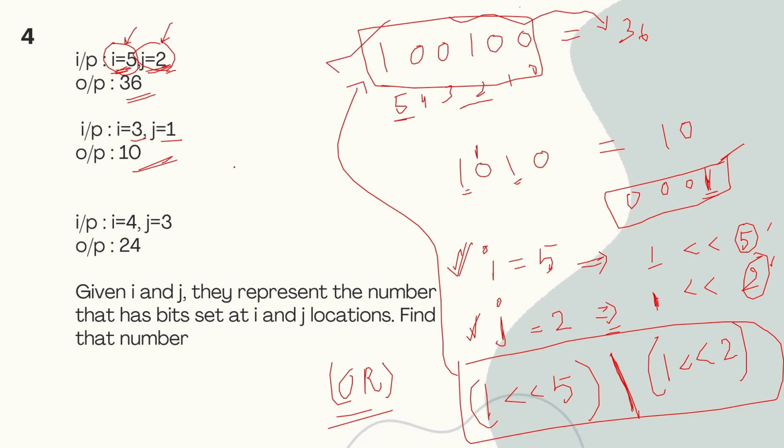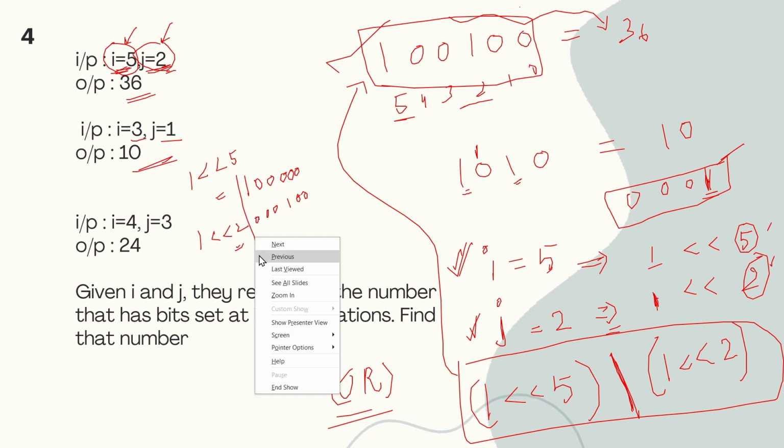Why? Because if I do one left shift 5 times, then what are you going to get? You're going to get 1 0 0 0 0 0. Similarly, if I do one left shift 2 times, then you're going to get 0 0 0 1 0 0, right? So you can clearly check.